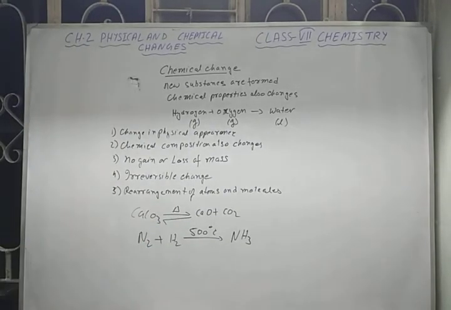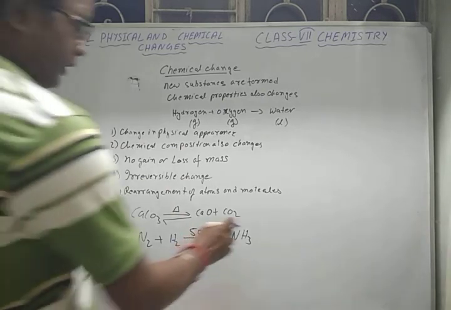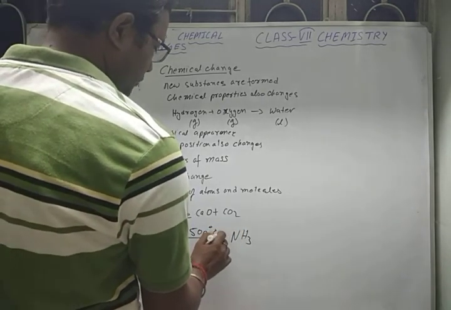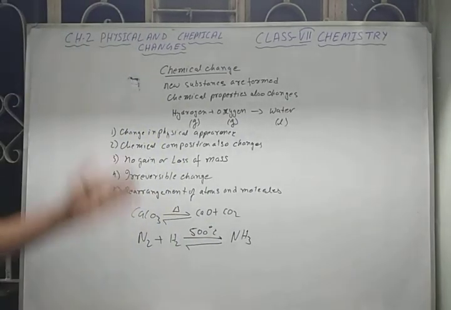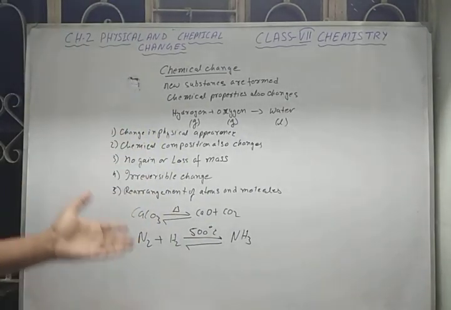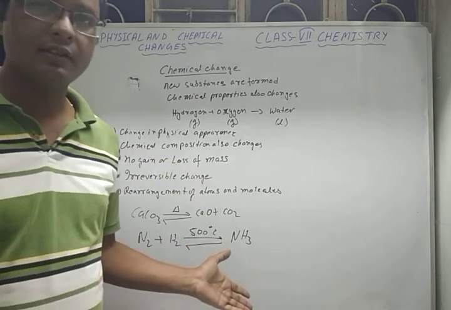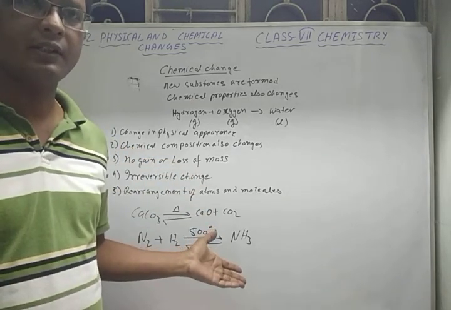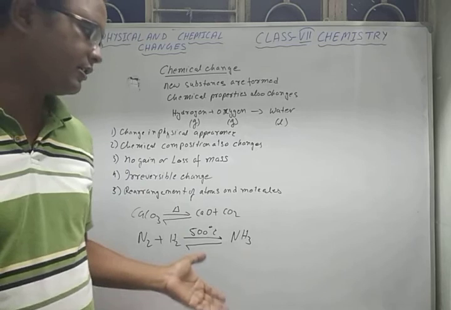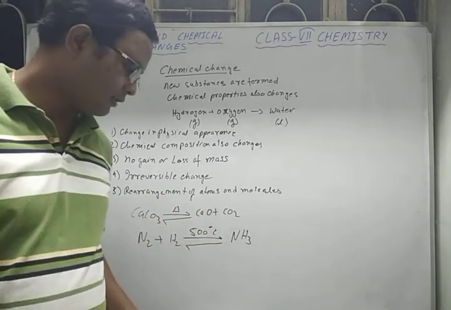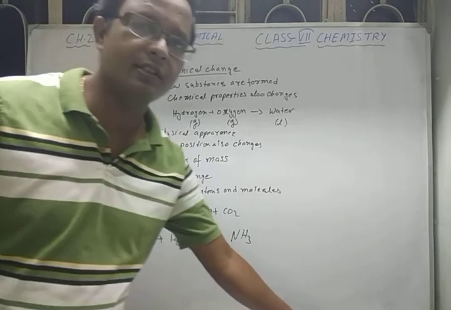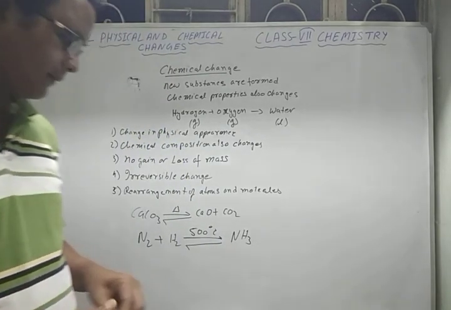But if you heat it more than 500 degrees Celsius, ammonia breaks to form nitrogen and hydrogen again. So these chemical changes are reversible up to some condition, but after some conditions they are irreversible also. These are the main points of chemical changes and physical changes.